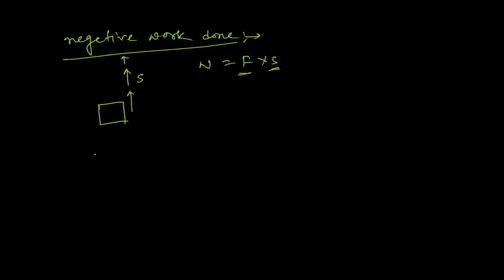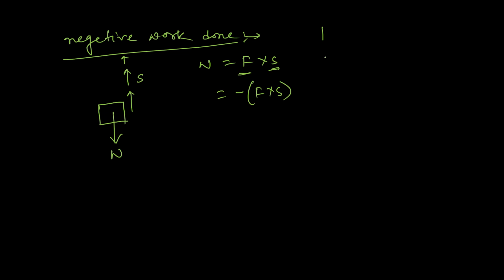Obviously when the object is thrown upward, the only force responsible is the gravitational force, right? That means the weight of the object is working in the downward direction. As you can see, the weight is working downward, but the displacement is going on upward. So they are directly opposite to each other. So in this case, the work done will be equal to minus of force multiplied by displacement.